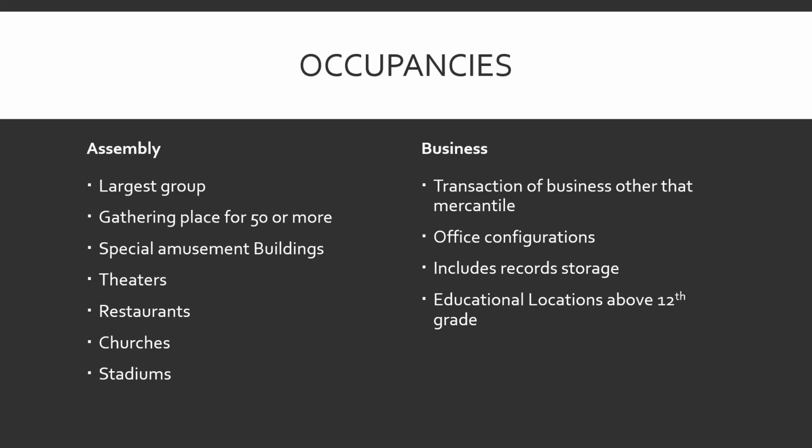They include large areas for storage, filing cabinets, records keeping, and, as a side note, educational locations above 12th grade qualify as a business. Therefore, colleges, technical colleges aren't educational buildings, they're classified as businesses. So for this, think of your banks, your insurance agencies, that kind of thing.